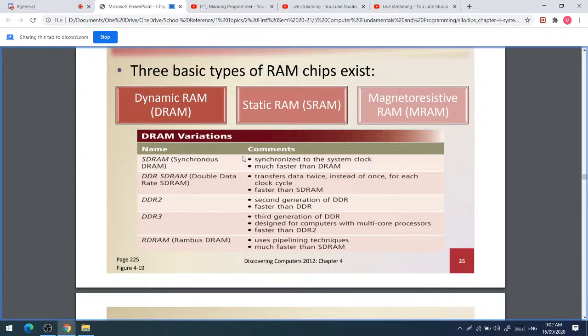Then we have DDR2, just an upgrade of DDR SDRAM, so it is faster than DDR. Then DDR3, the third generation, which supports multi-core processors. Then we have the RDRAM. It uses pipelining techniques. I already explained a while ago what pipelining is.